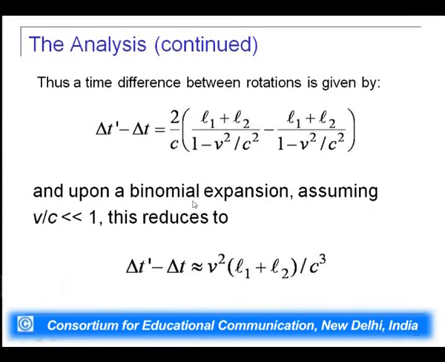Upon a binomial expansion, assuming v by c is very much less than 1, since the speed of light is much more than the speed of the ether, this reduces to delta t dash minus delta t approximately equal to v square times L1 plus L2 divided by c cube.